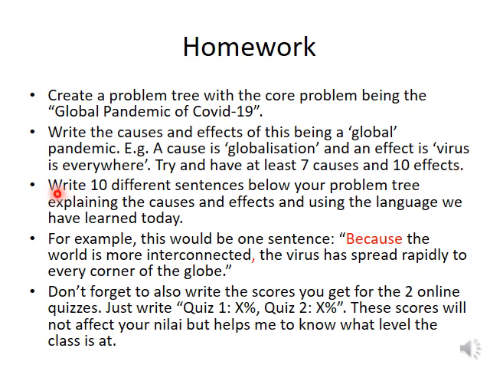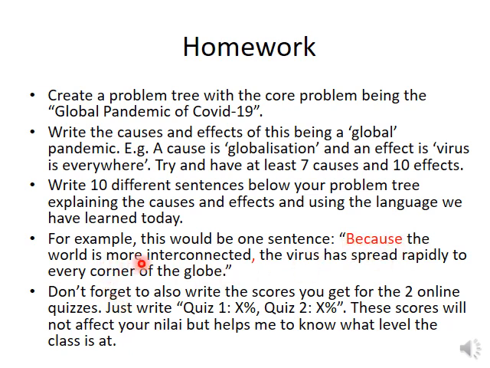Then, once you have your problem tree, below your problem tree on Microsoft Word, I want you to write 10 different sentences that explain the cause and effects using the language we have learned today. For example, this would be one sentence. Because the world is more interconnected, the virus has spread rapidly to every corner of the globe.